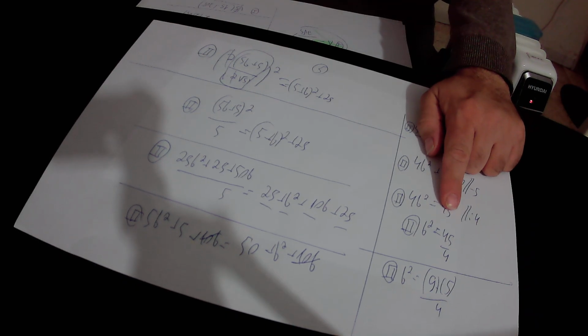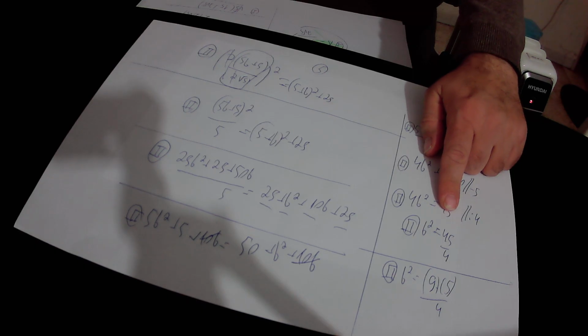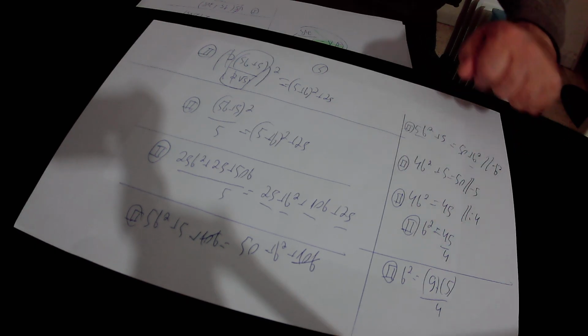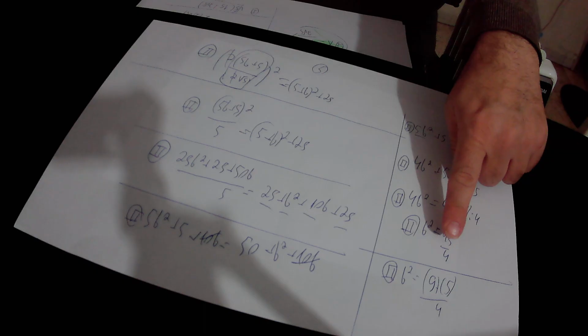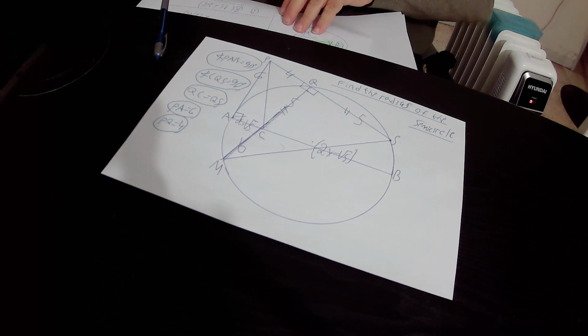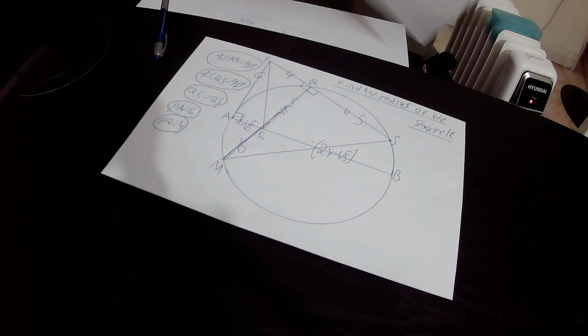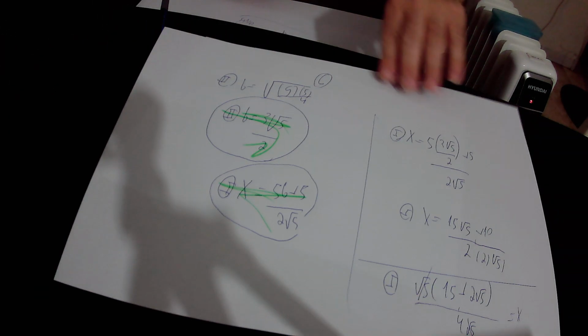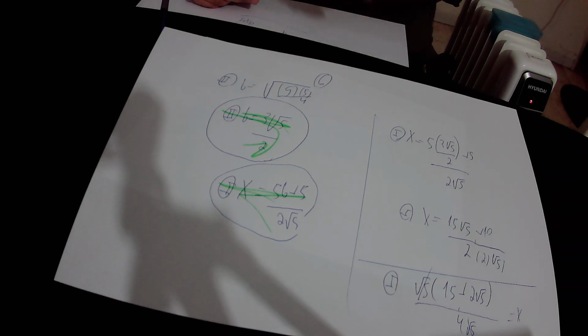B squared equals 45 over 4. We substitute 45 by 9 times 5. So b squared equals 45, that is 9 times 5, over 4. Here we took the square root of equation number 2, and finally found out that b equals the square root of 9 times 5 over 4.